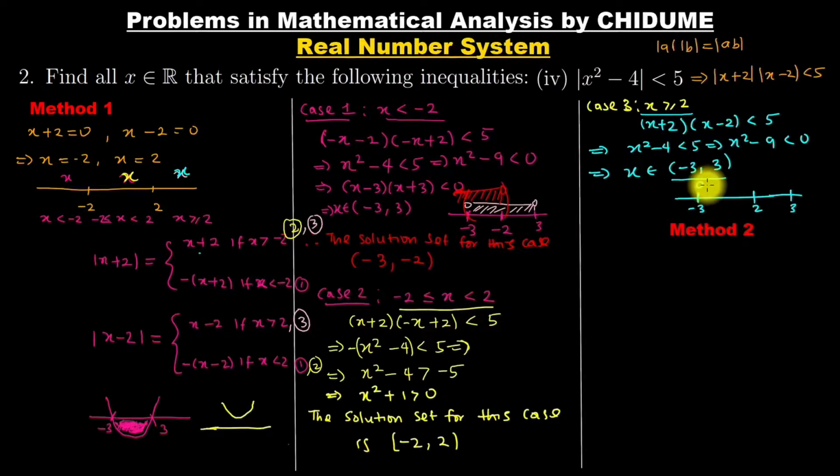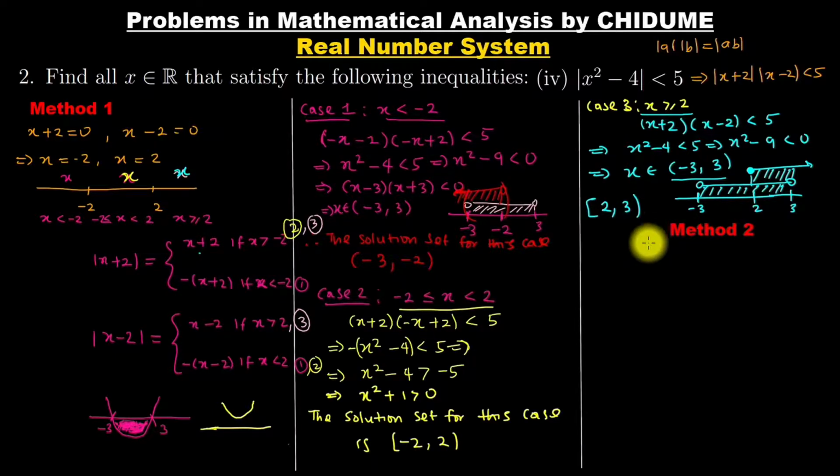This is open at this end, also open at this end, and here I have x greater than or equal to 2. So I will shade this point and go in this direction. The solution set for this case would be closed at 2, open at 3: [2, 3).